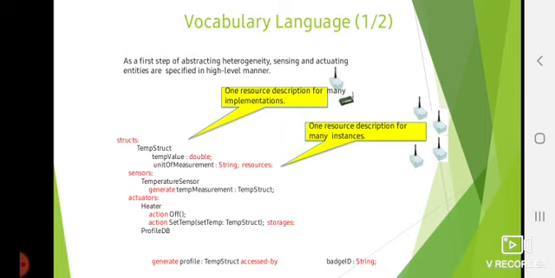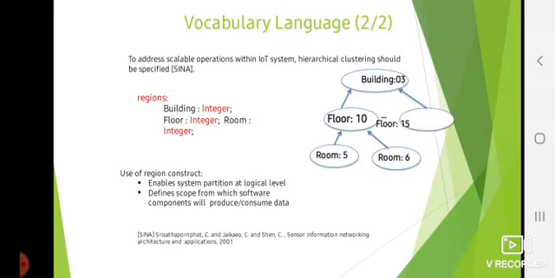Here we have used three models, that is struct, sensors, actuators, and generate. Next, we have to see the second vocabulary language. It is otherwise called SINA, which is defined to address scalable operation within an IoT system. Hierarchical clustering should be specified.